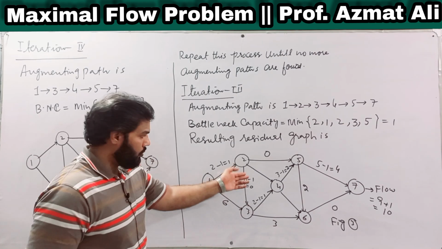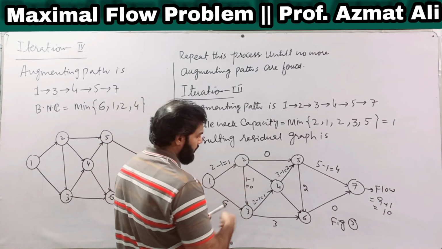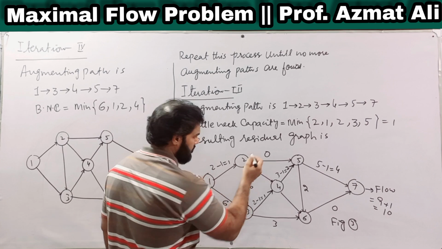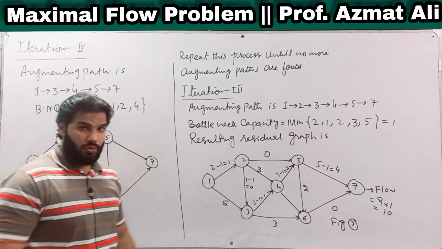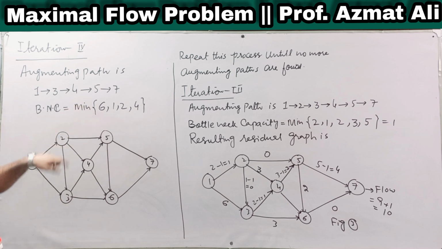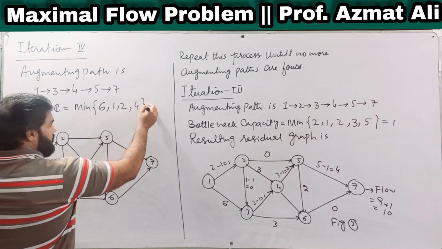Sorry, I forgot to write the capacity at this edge. This was 3 units in the last iteration 2. Our fourth iteration continues. The bottleneck capacity now is 1.